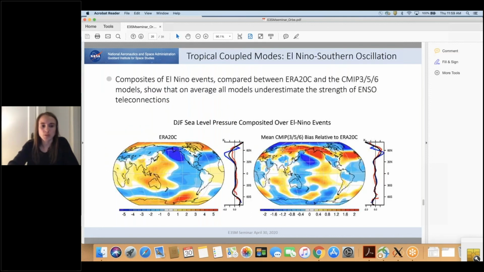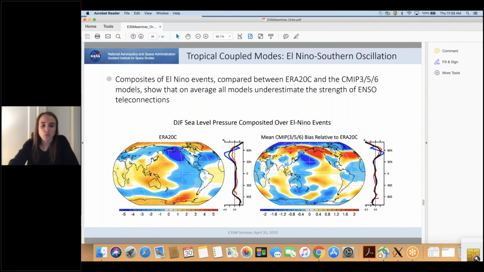And so in terms of the evaluation of ENSO, of course, one important thing we'd like to know about ENSO is teleconnections to higher latitudes. This figure right here shows sea level pressure boreal winter composites over El Nino events, and this is based on the 20th century reanalysis.